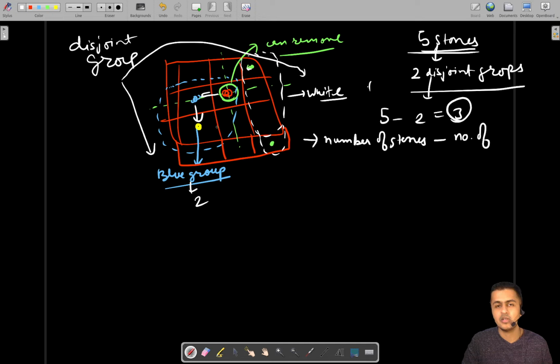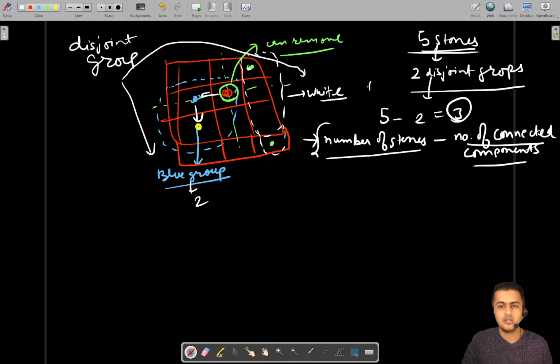Here I am referring to them as components, so number of connected groups or number of connected components. So this is what the problem statement of finding the maximum number of stones boils down to.